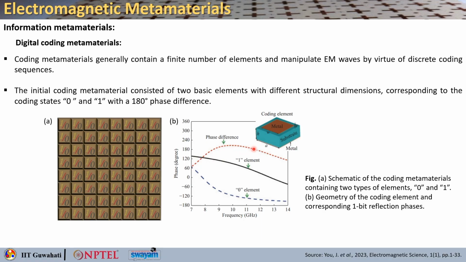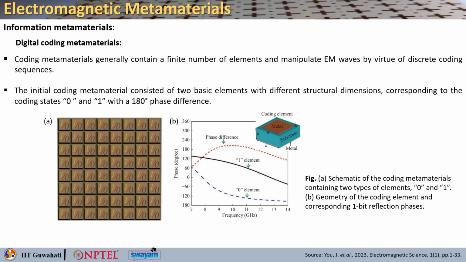You can use the patch particle with width 4.8 millimeter as the 0 element, and when you change the width to 3.75 millimeter, that can be used as the 1 element.